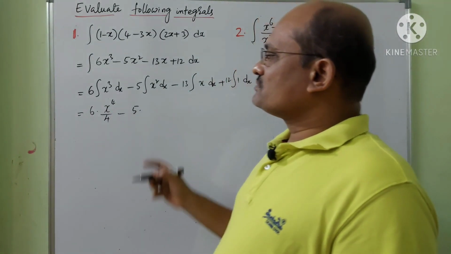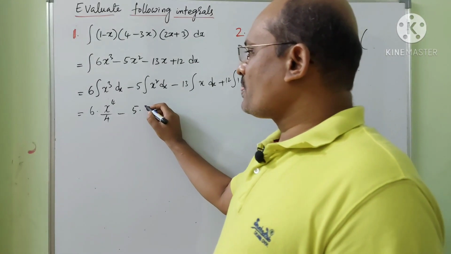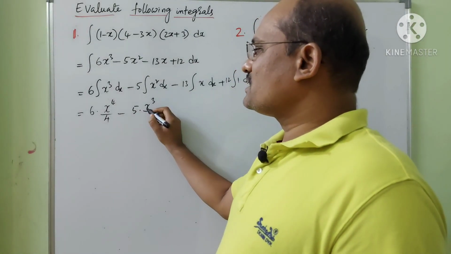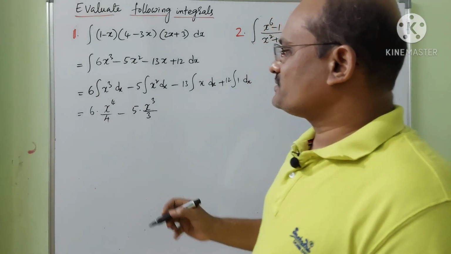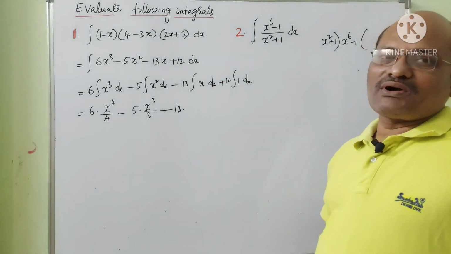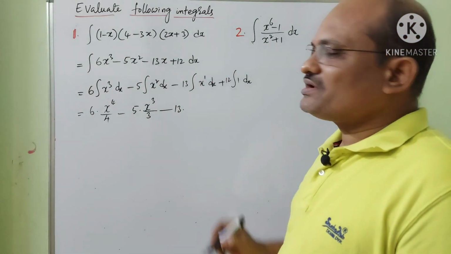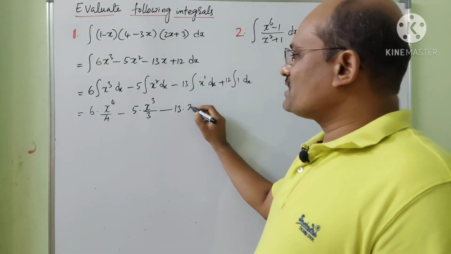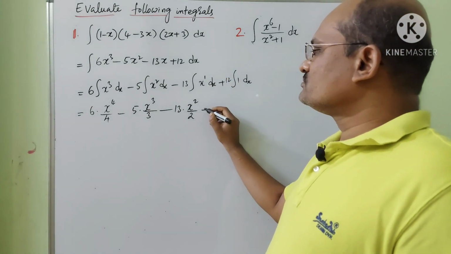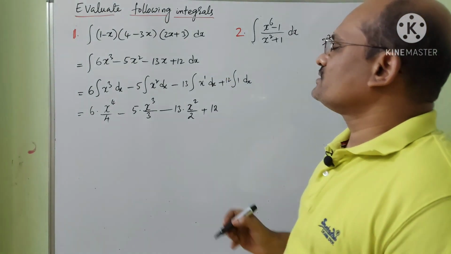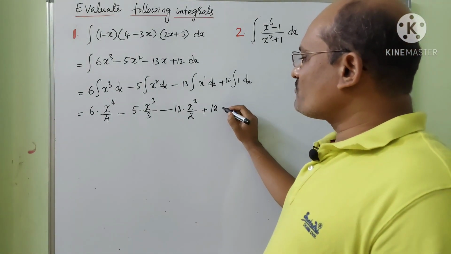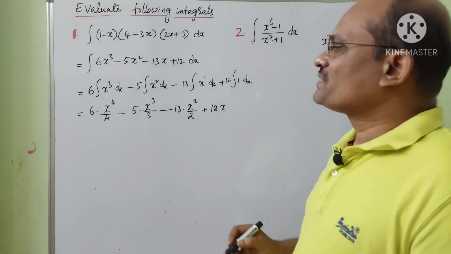Minus 5 into x power 2; apply the same formula, you will get x power 2 plus 1 by 2 plus 1, that is x power 3 by 3. Minus 13 into x, and x means x power 1. Apply the x power n formula, you will get x power 1 plus 1 by 1 plus 1, that is x power 2 by 2. Now the last, 12 into integral of 1 dx, the first standard integral. Integral of 1 dx is x.